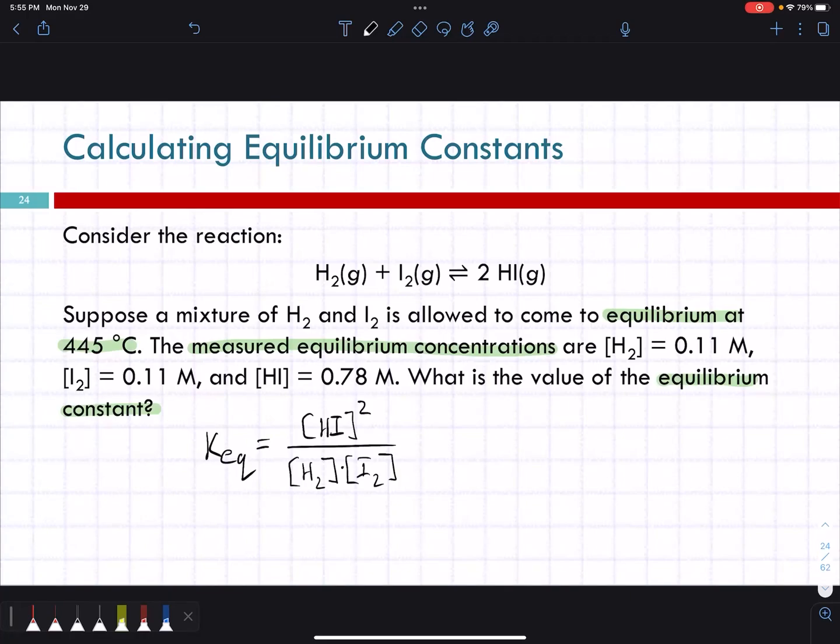The big M is molar, so that can change. I'm always going to give it to you in molar. And for heat, is it always going to be in Celsius?